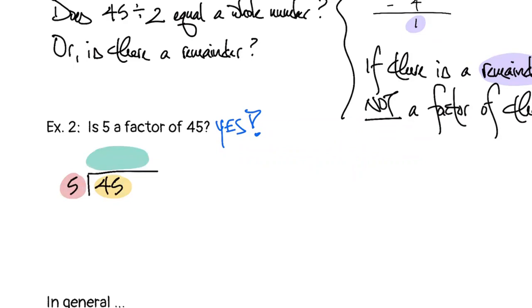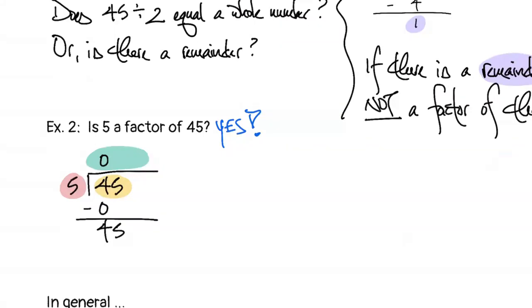All right, so what number do I put right here above the 4? Yeah, we're going to put a 0 right there, right? And notably, we're going to put a 0 because 5 does not go into 4, right? So then we have 0 times 5, which gives me 0. We're going to subtract. We get a 4. We bring down the 5.